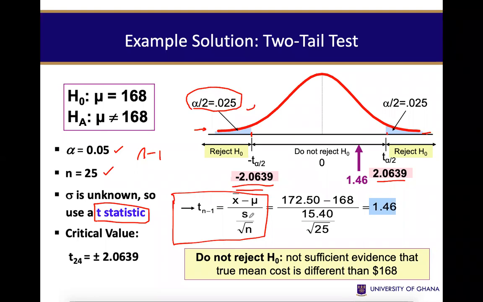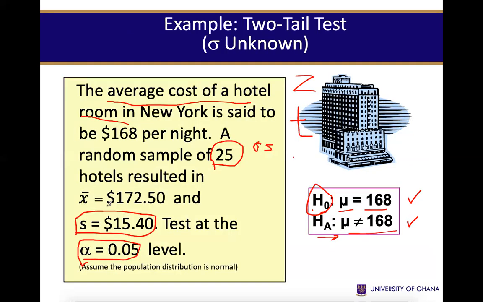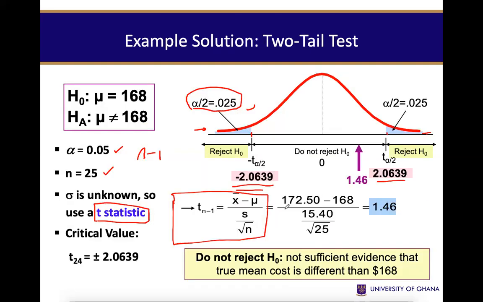So we have the sample mean, which was given in the question as 172.5, minus the hypothesized population mean, divided by the standard error, 15.4 divided by the square root of 25, and that gives us 1.46.